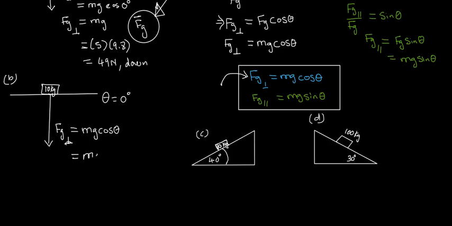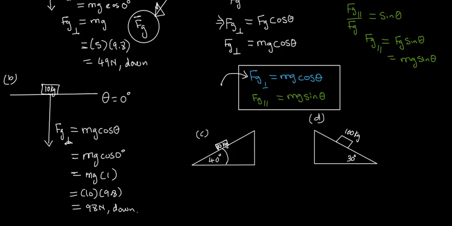So same as last time, mg cos of 0 degrees. Cos of 0 degrees is 1, so it's mass times gravity times 1, which is mass 10 times gravitational acceleration 9.8, and all of that will give us 98 newtons downwards. I hope you can see that this is easy.